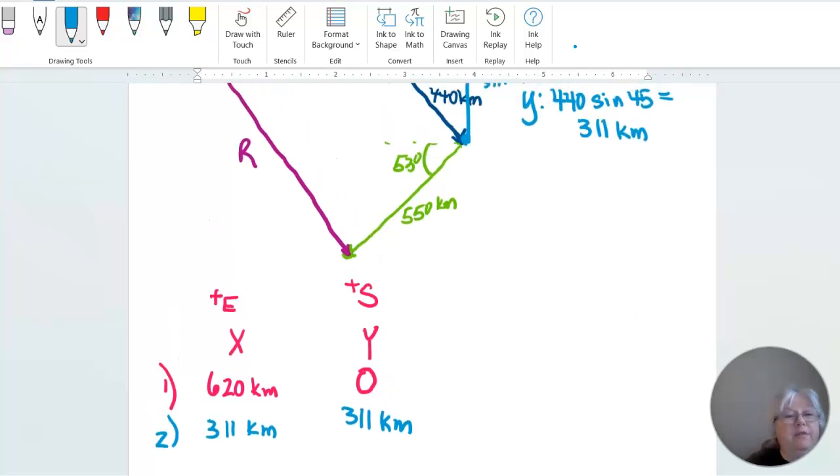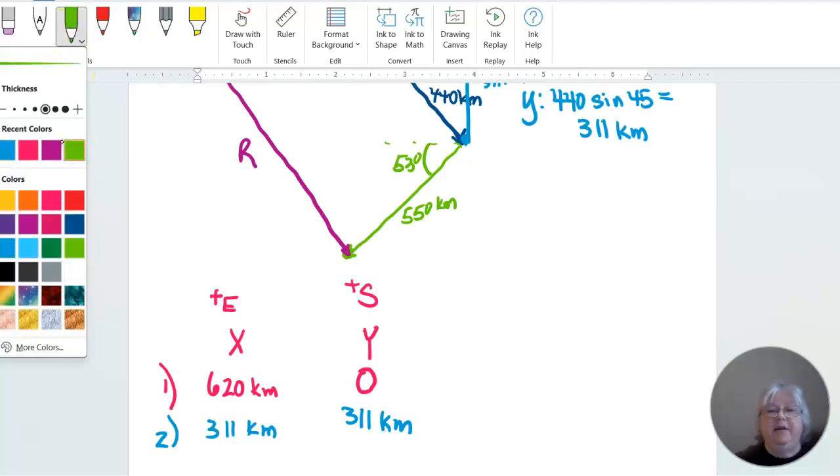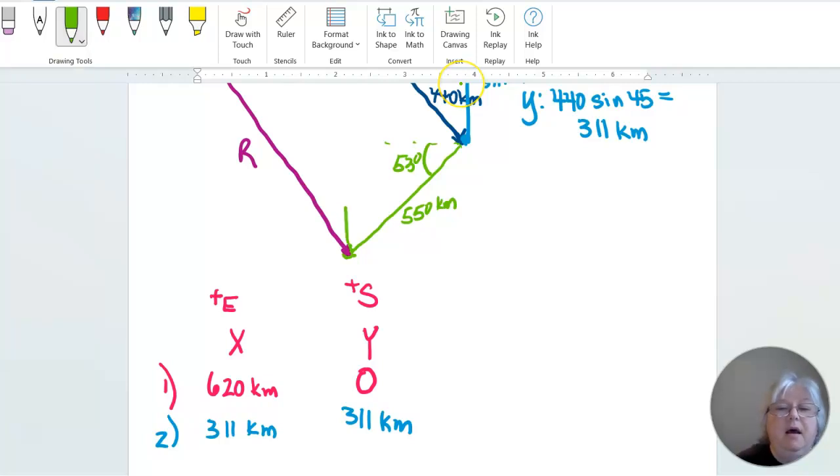Now let's deal with the third leg of our journey. I'm going to do exactly the same thing. Draw in my two legs, x and y. X, again, is going to be my length times the cosine of 53.